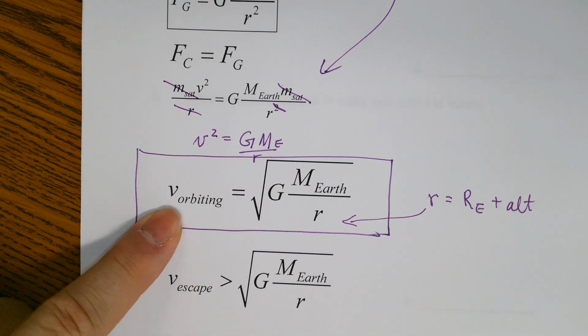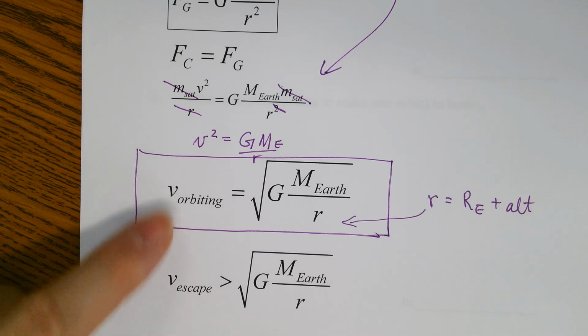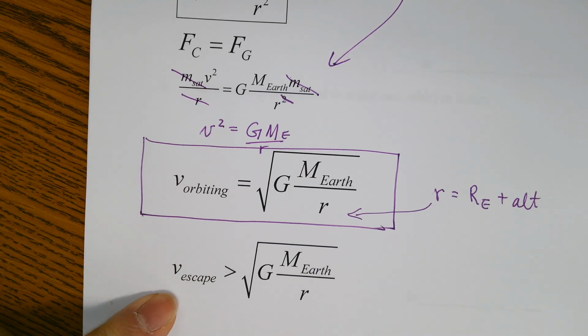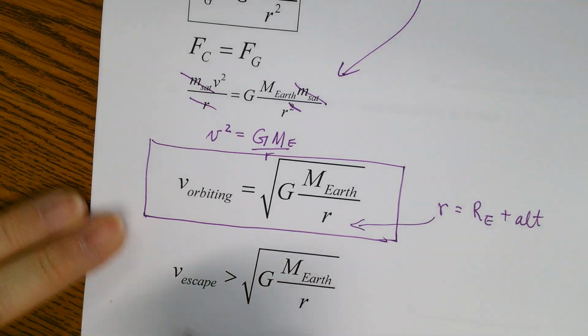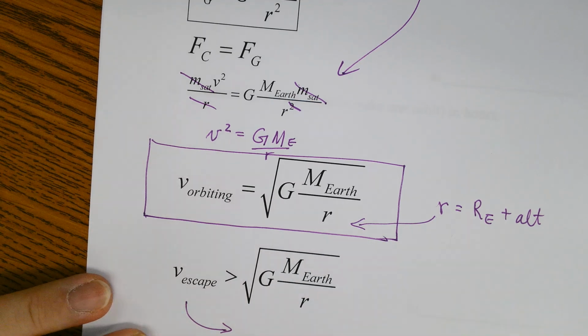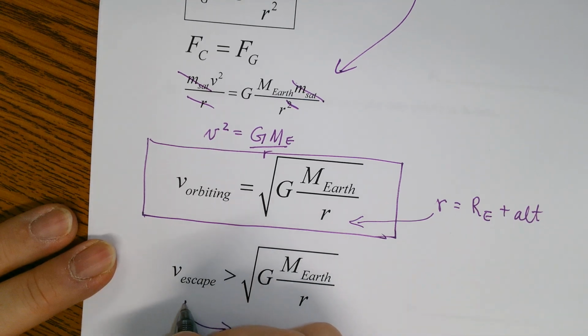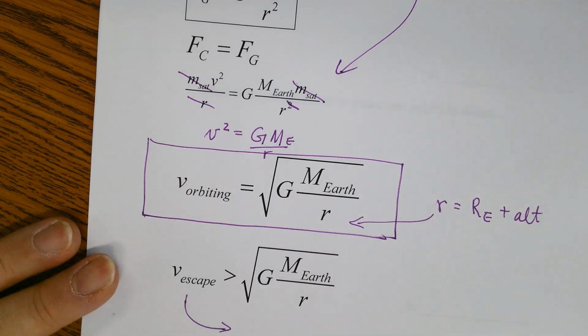If you go faster than this, then what you're doing is you're escaping that velocity. Right? So this escape velocity, you're not really escaping forever, you are escaping to the next higher orbit. That's basically what it's doing, right?